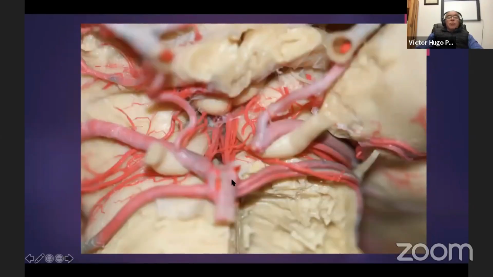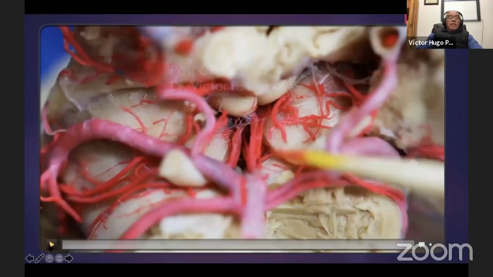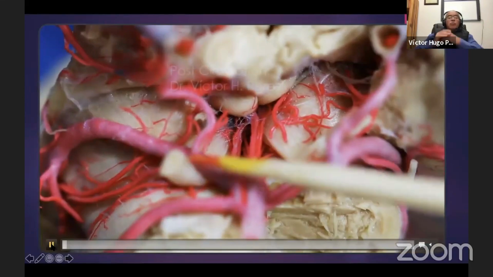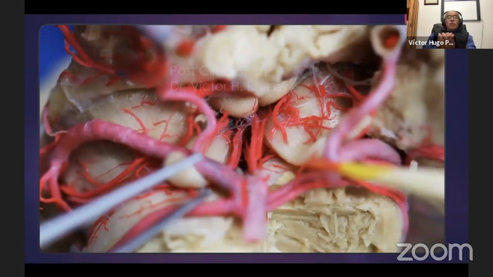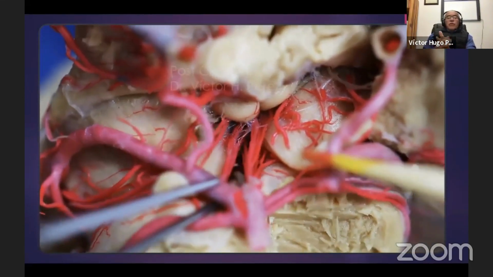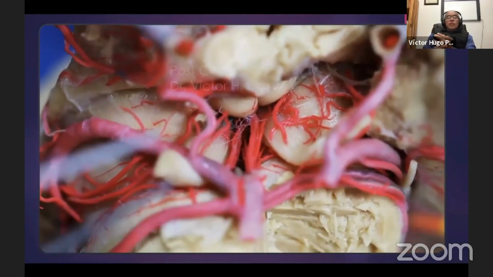This is another view of basilar artery, posterior cerebral arteries, and superior cerebellar arteries. This basilar artery was cut in order to make some dissection of white fibers of pons. But we can see in this video another beautiful view of these arteries.